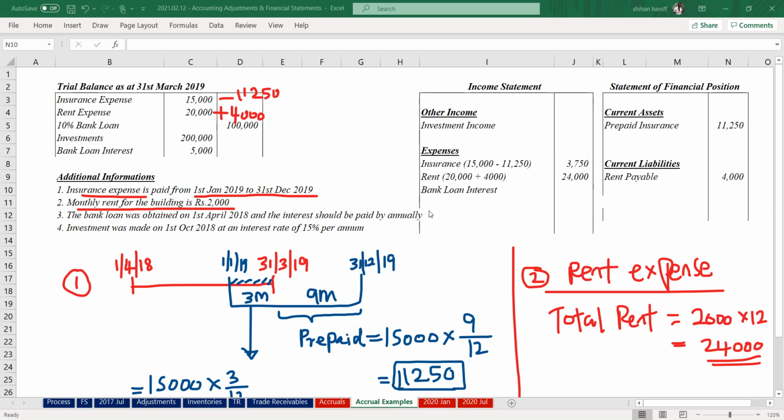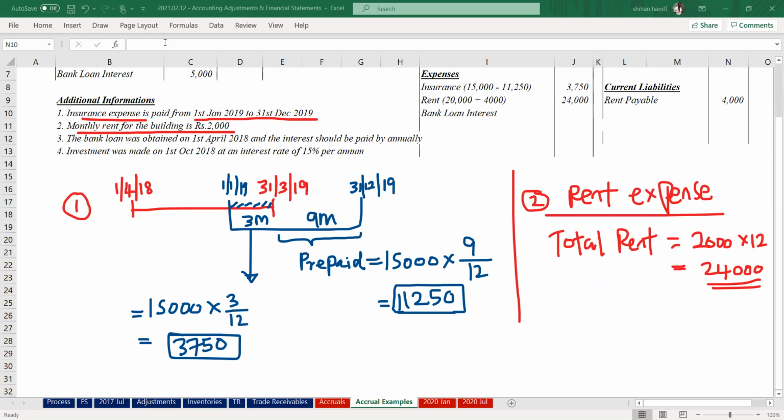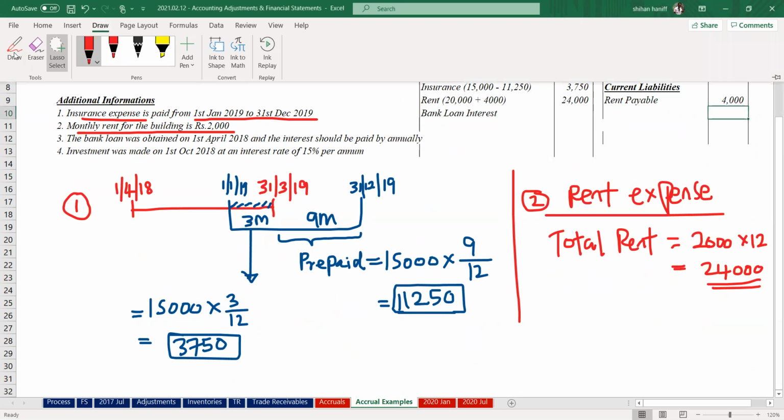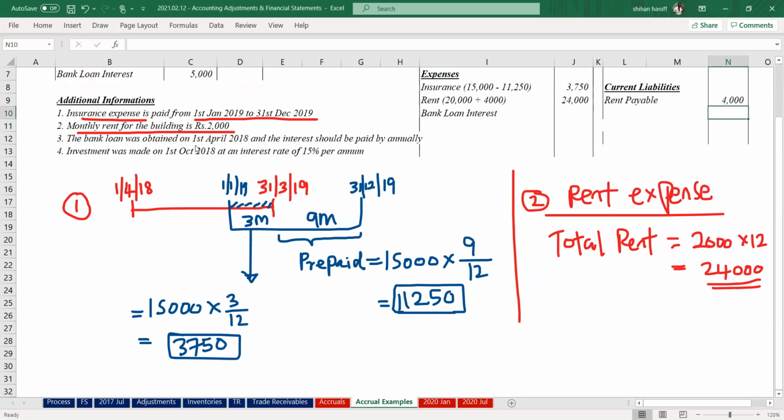Okay. Then next transaction, the bank loan. The bank loan was obtained on 1st of April 2018 and the interest should be paid biannually.